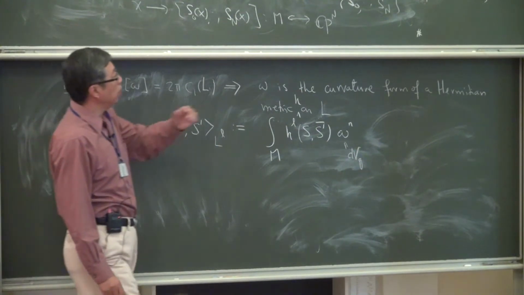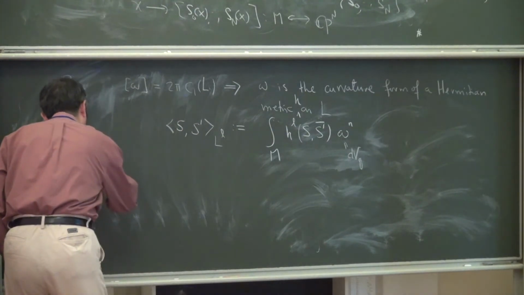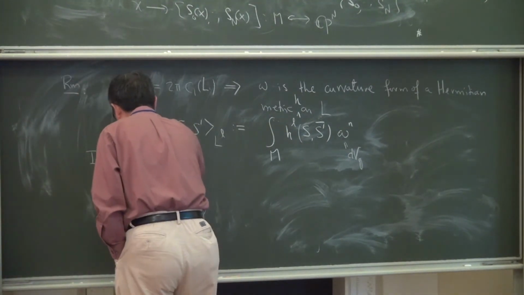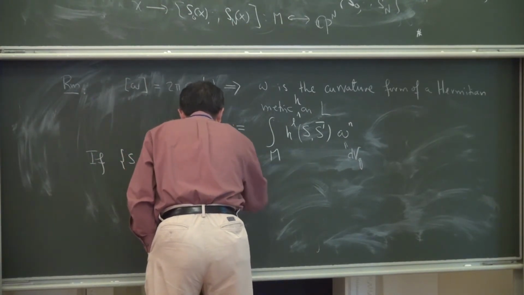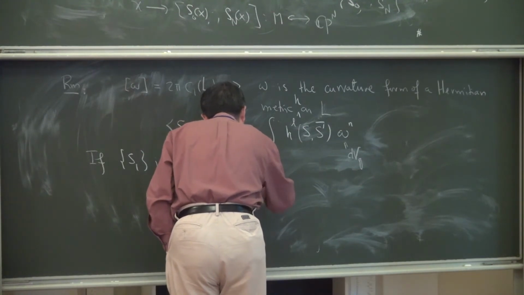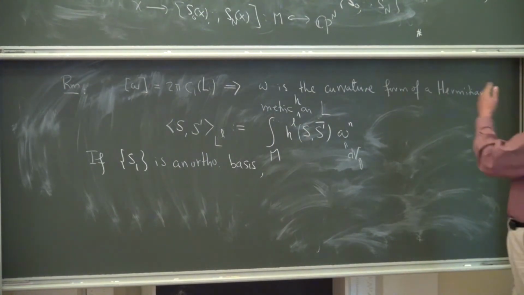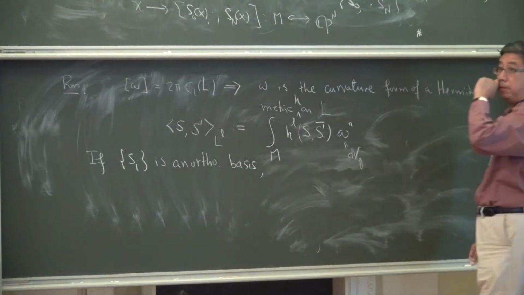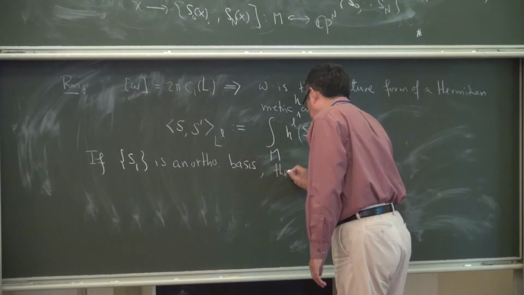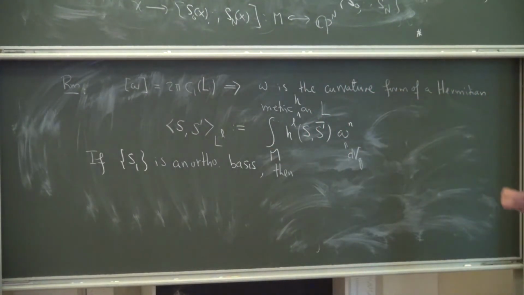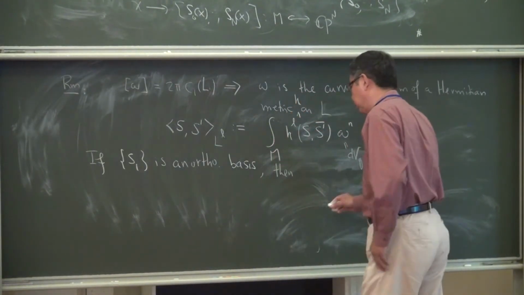Then in the Kodaira theorem, if you choose the orthonormal basis, instead of this arbitrary basis, since we have a metric now, and you do the embedding, then we know.